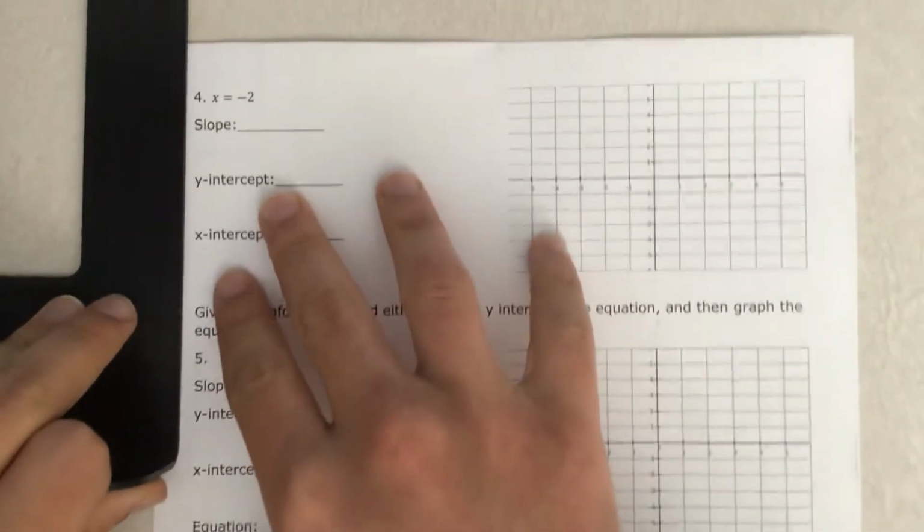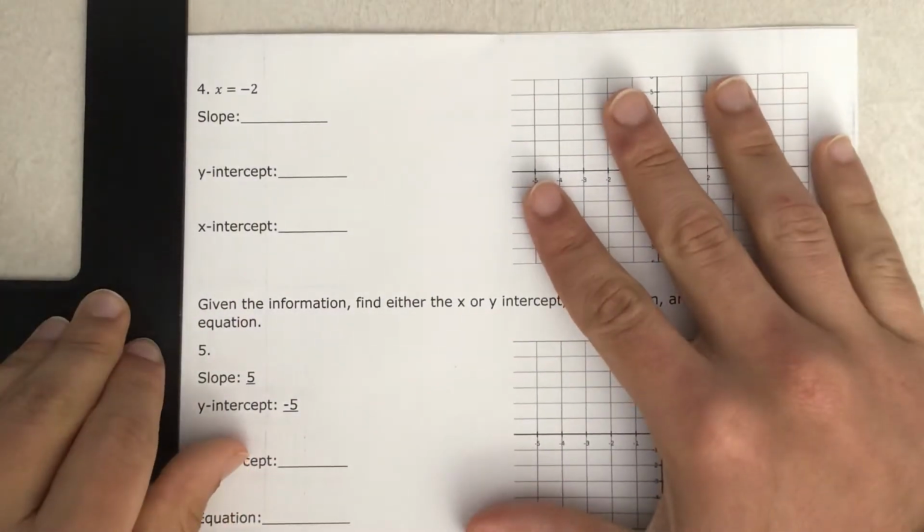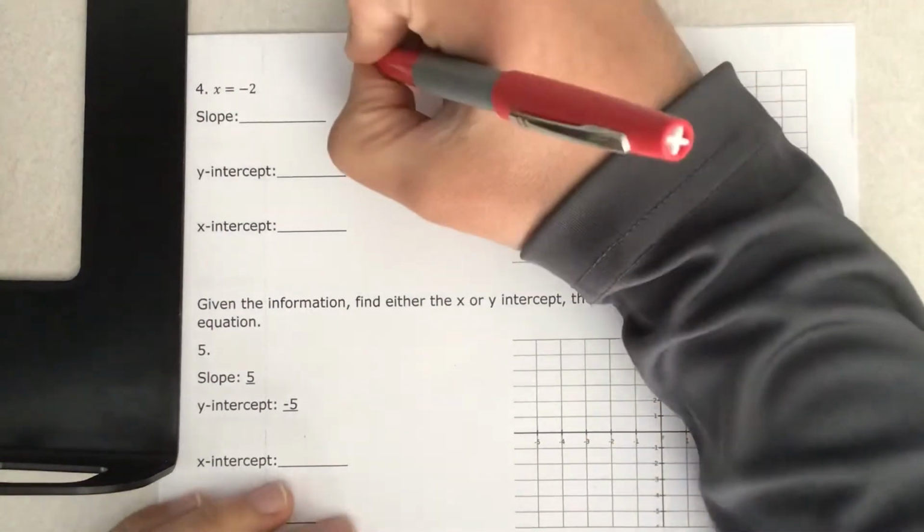Number 4, we have, let me try to get it more inside. There we go. X equals -2, okay? So automatically, y'all should notice there's something different here. And the thing that's different is that my equation starts with an x, okay? So this is kind of a little trick.